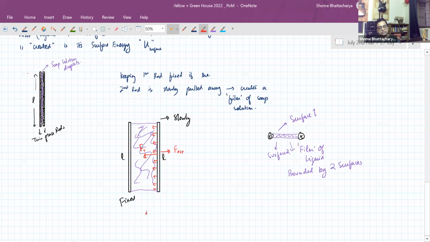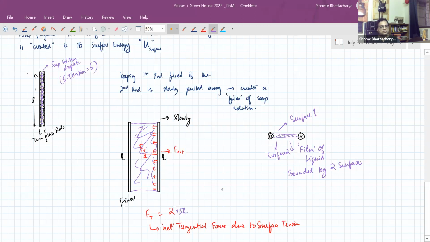So this net force due to surface tension becomes 2 times S into L, if the soap solution has surface tension equal to S. Why 2 times?